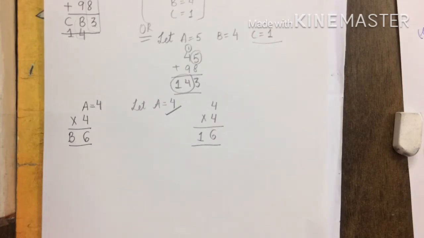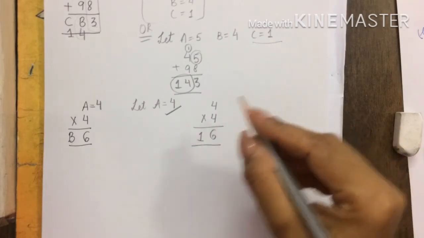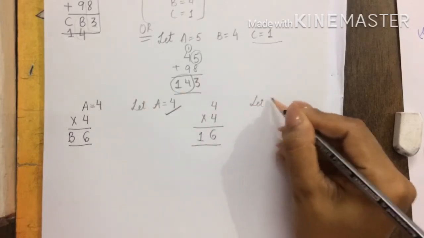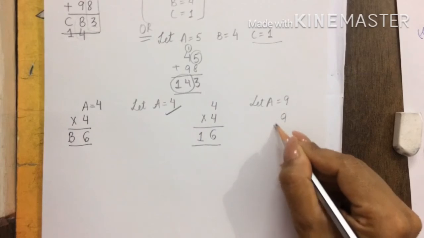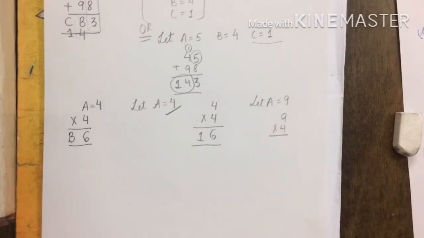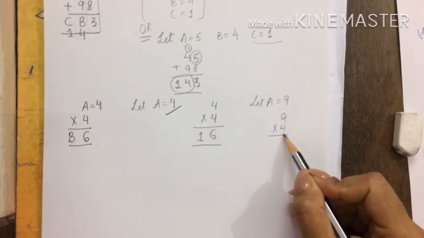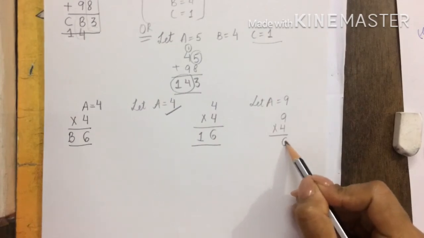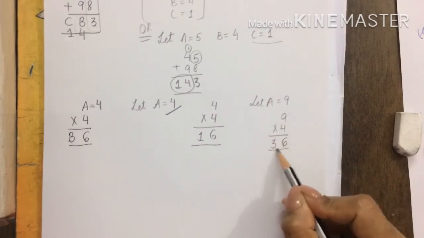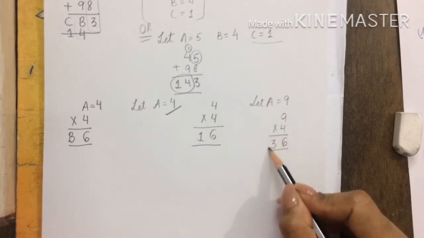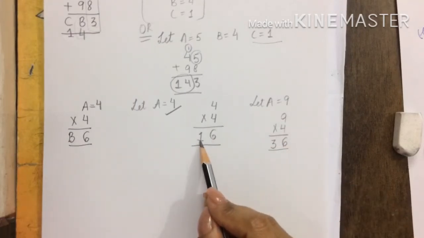Now the question is, is this the only possible value? If you look at the multiples of 4, you would see that if you use A as 9, my problem looks like this. In this case also, the product gives me 6 at the ones place, but the digit at the tens place is different from this one.